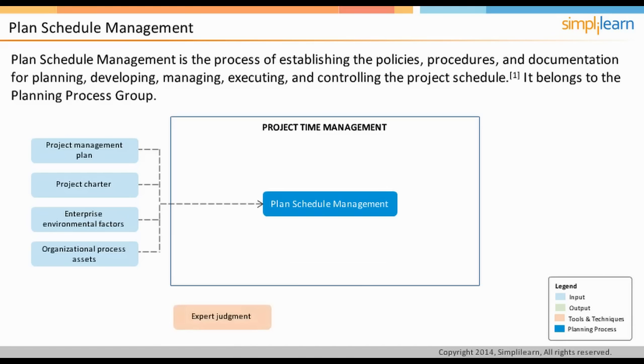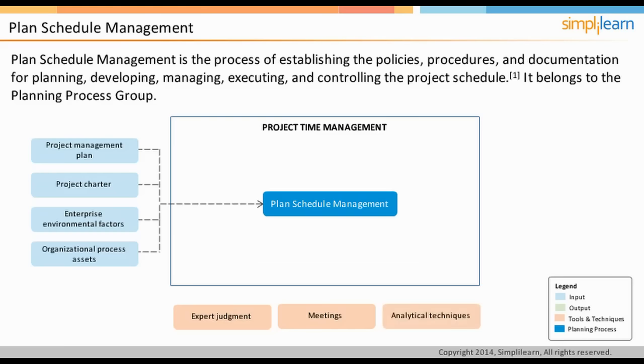Expert judgment refers to input received from knowledgeable and experienced resources. Experts can draw from their previous experiences the proper approach to govern the schedule on a project. Meetings may be organized to determine the schedule management plan. Anybody responsible for the project schedule management, such as the project manager, sponsor, customer, and other stakeholders, must attend these meetings.